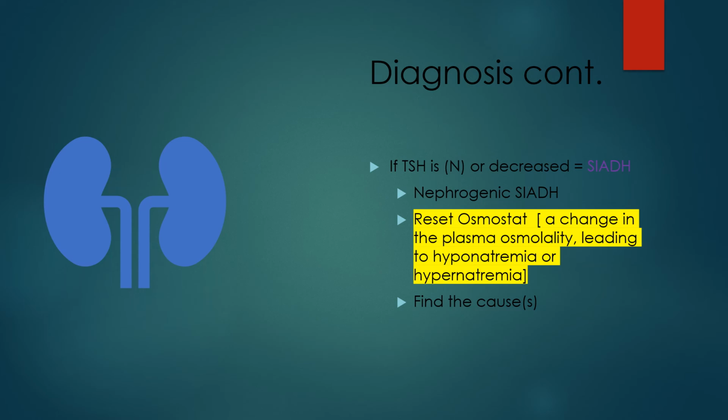This could be nephrogenic SIADH or reset osmostat. Reset osmostat is all about a change in the plasma osmolality leading to hyponatremia or hypernatremia. That will warrant further investigations because we need to know the cause or causes.